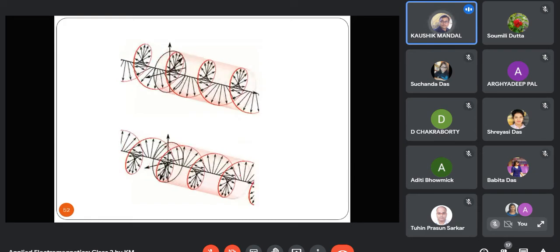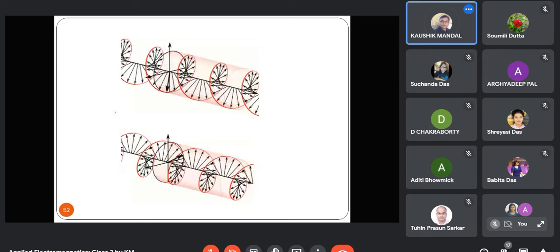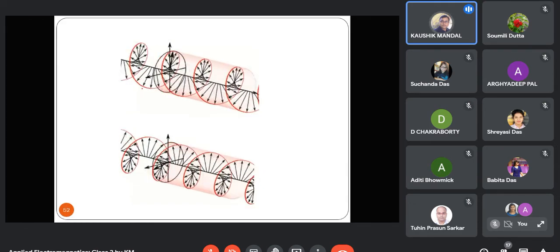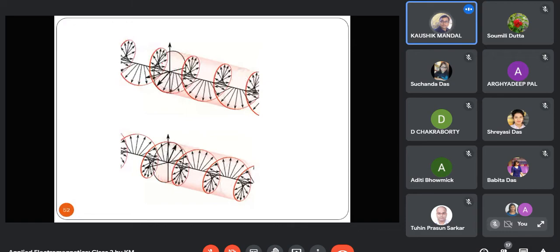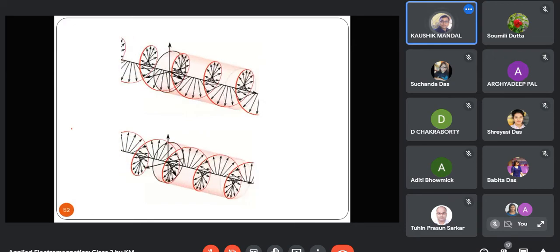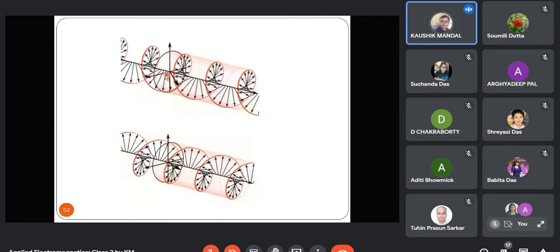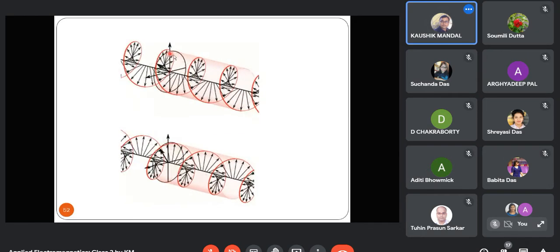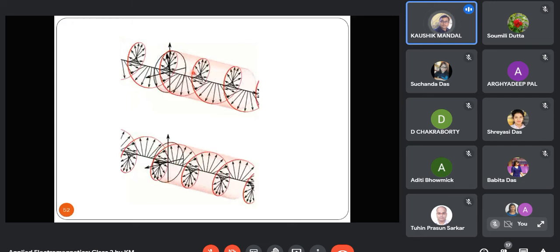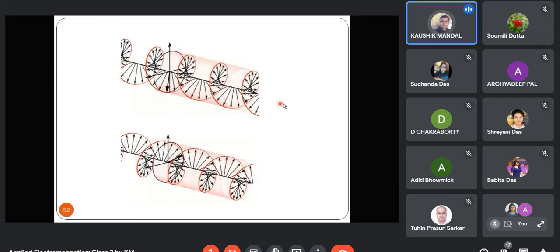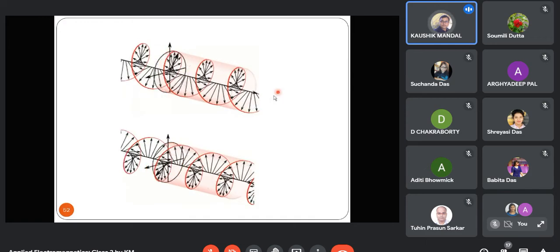So this is one representation of the movement of the electric field vector. If you observe it carefully, you see that the tip of the electric field vector is rotating and the wave is propagating along this direction. So now if the observer is at this point, then what will be the sense of polarization?